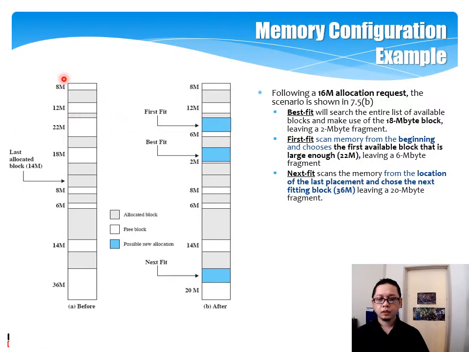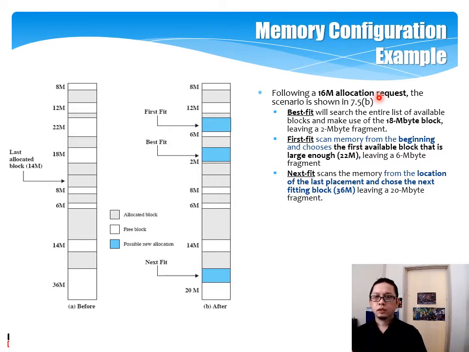Now, take note of this memory partition diagram. In this diagram, you will see that there is a variety of memory partitions that can be used by processes. Also in this diagram, it is stated that the last allocated block is in this location. So let's say in this example, you have a 16 megabyte allocation request coming for a new process.